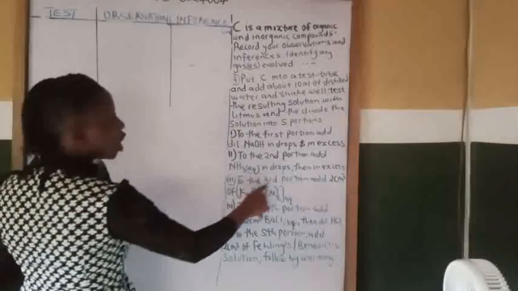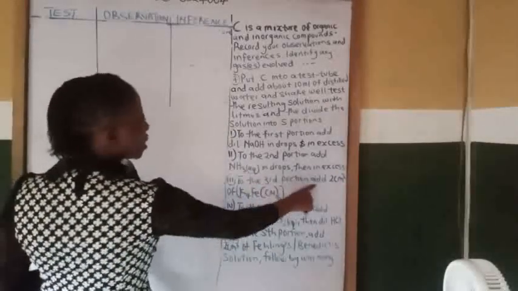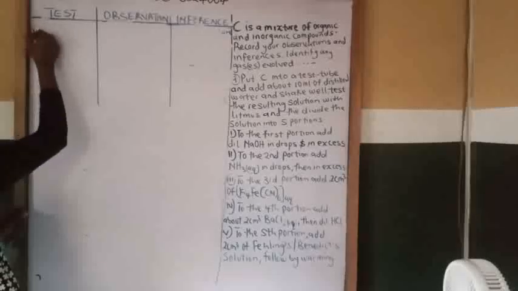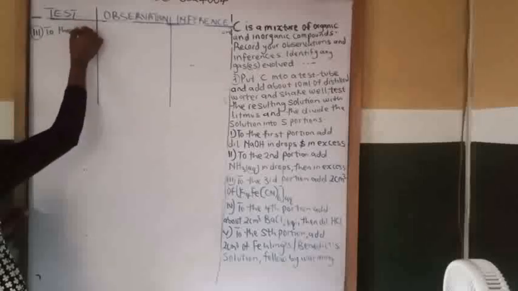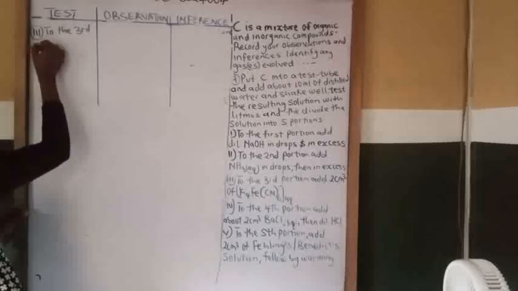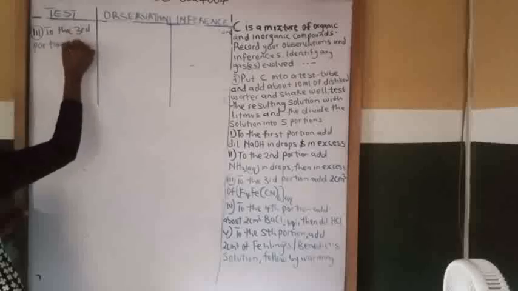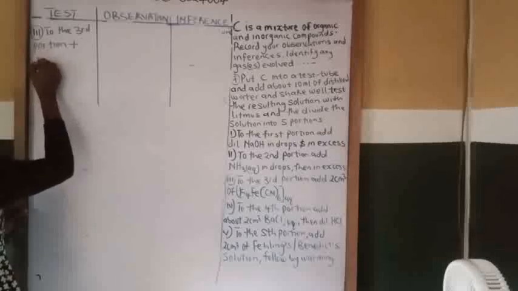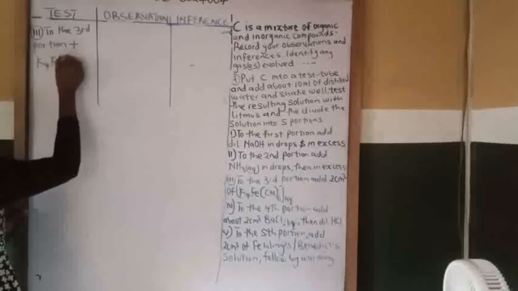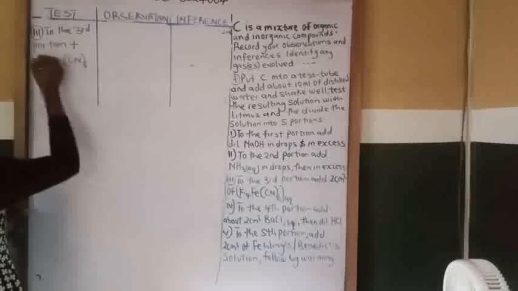Now, Roman figure 3 says that to the third portion, add 2 centimeter cube of potassium ferrocyanide. So, to the third portion plus aqueous solution of potassium ferrocyanide, Fe(CN)6 aqueous.